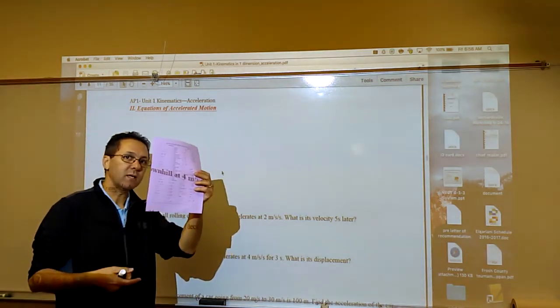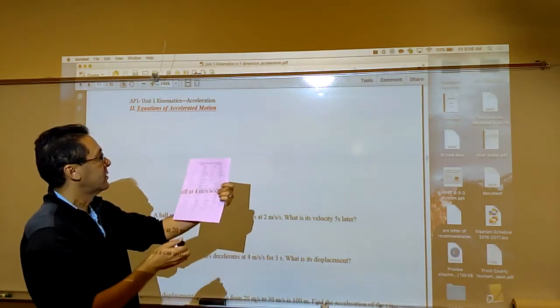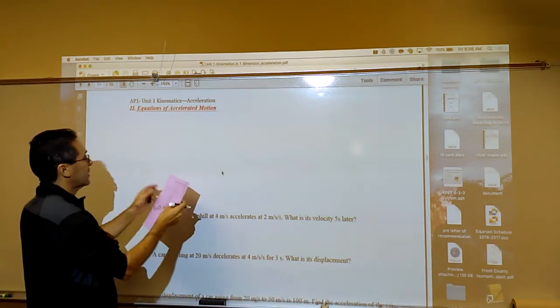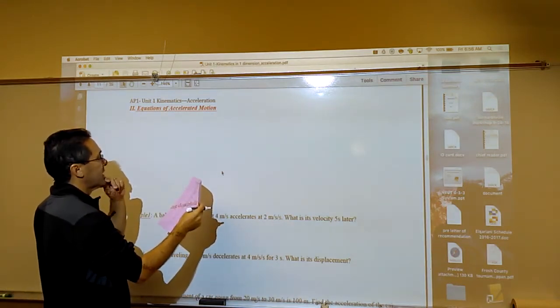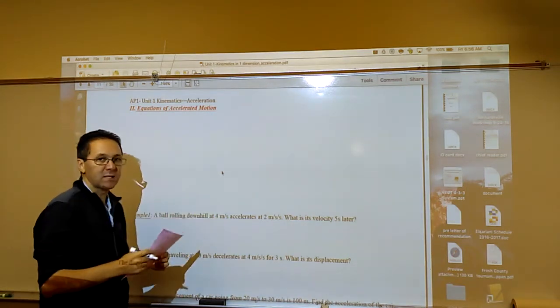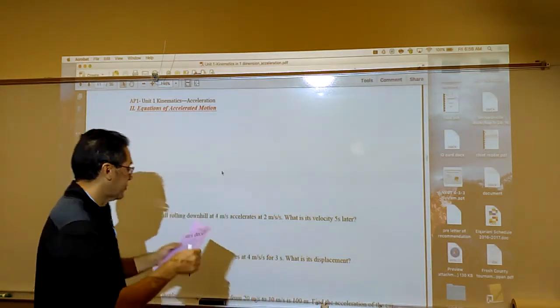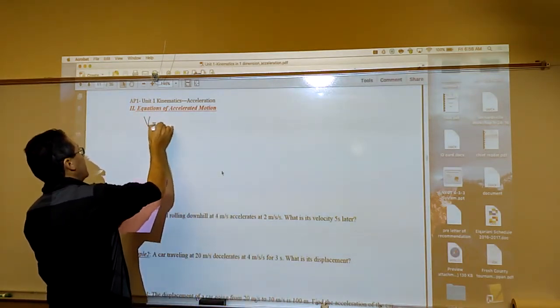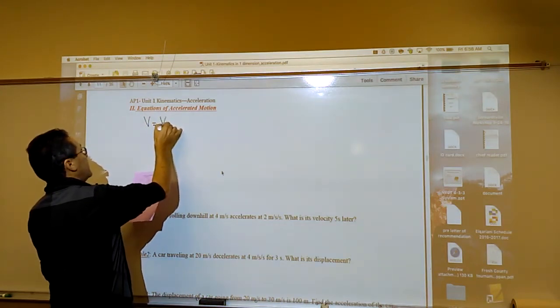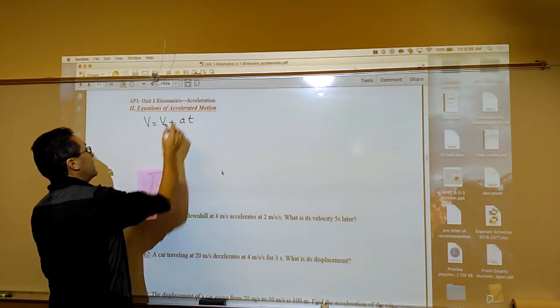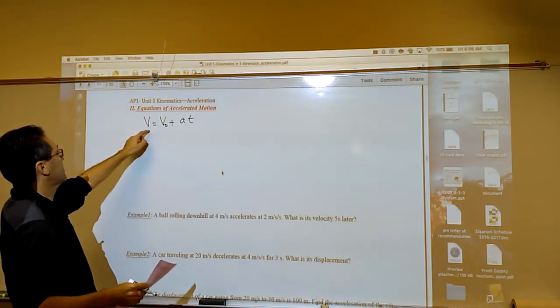This sheet basically is the top three on the left. The first one says Vx equals Vx0 plus axt. I'm going to drop the x's, that's just showing that it's one-dimensional. So the first one is V equals V0 plus at. Okay, now what's the meaning of all these things?